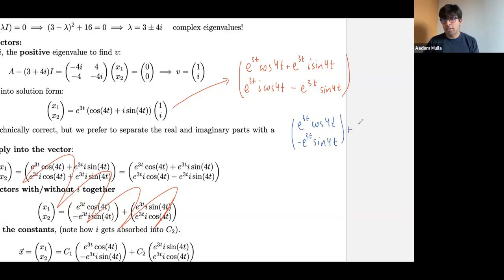Okay, plus my imaginary terms. The imaginary terms are going to be, from the top one, e to the 3t i sine of 4t, and then e to the 3t i cosine of 4t. Okay, and the reason we did that is now we can pull out an i from both of those.